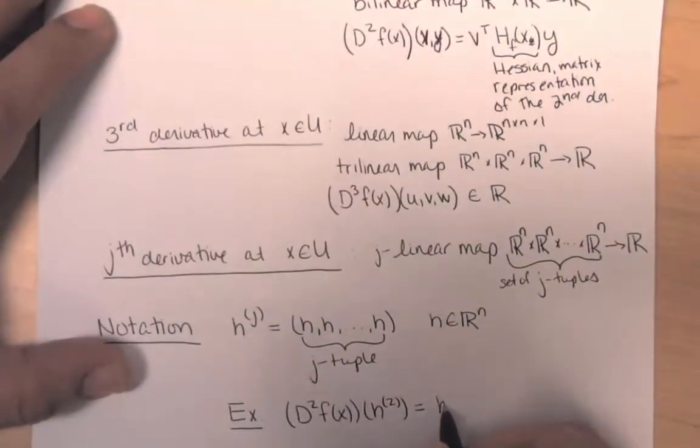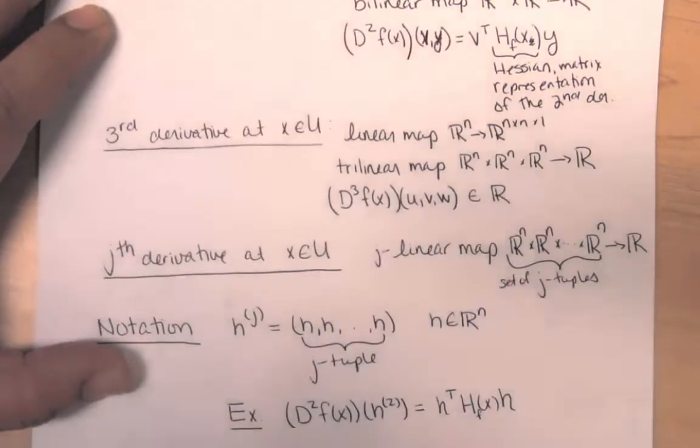So this equals h transpose times the Hessian at x times h.